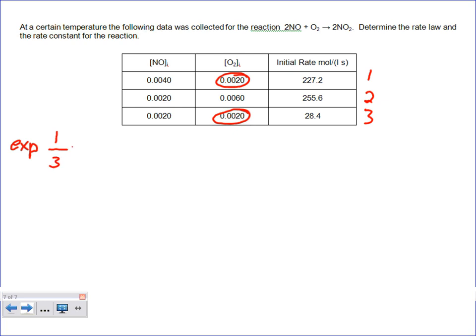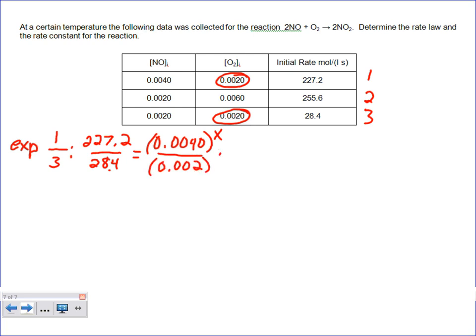So 1 divided by 3, which gives me rates of 227.2 divided by 28.4, and that's going to be equal to 0.004 raised to the x divided by 0.002 raised to the x. So little math, I'm sure you all are plugging this into your calculator right now, and you get 8 equals 2 raised to the x, so x equals 3.